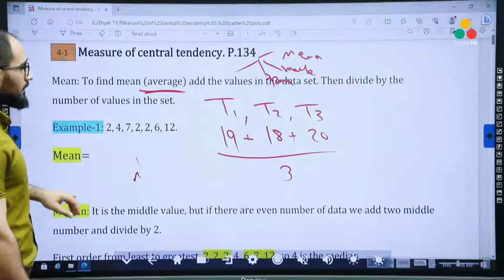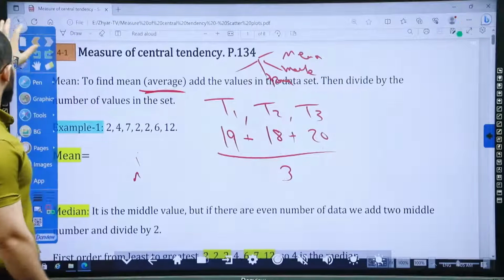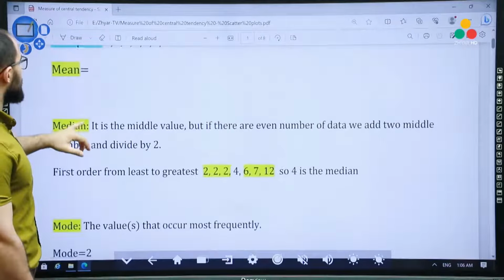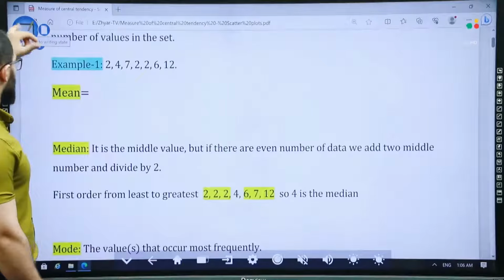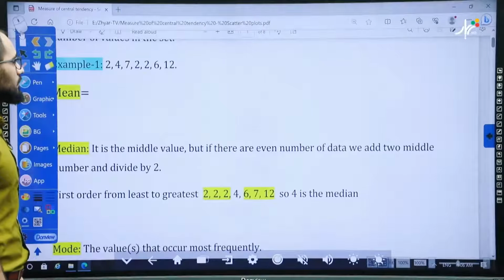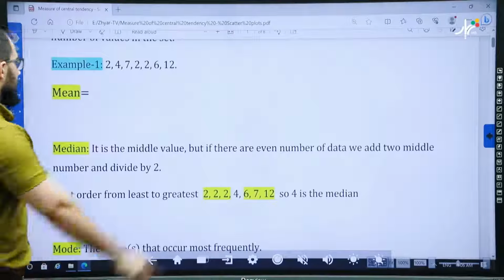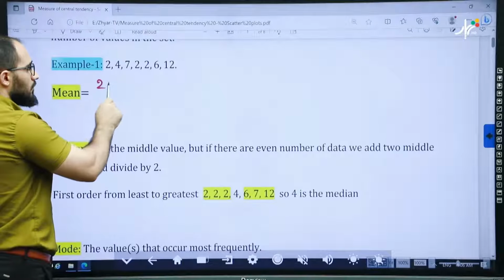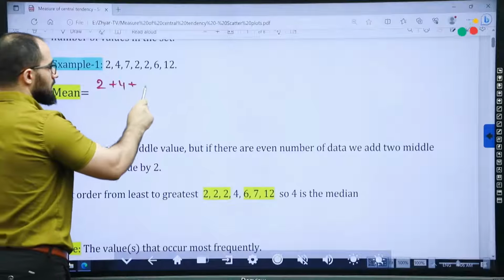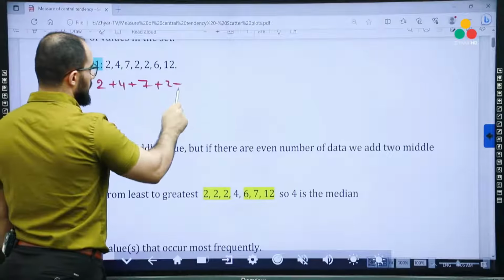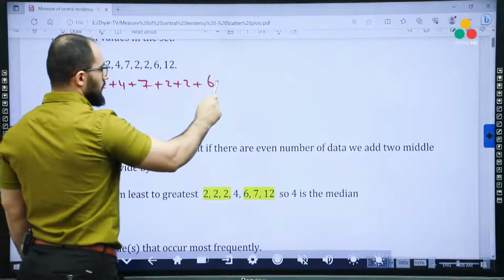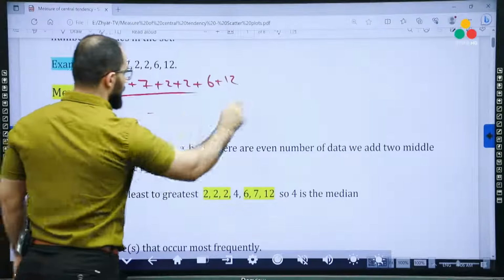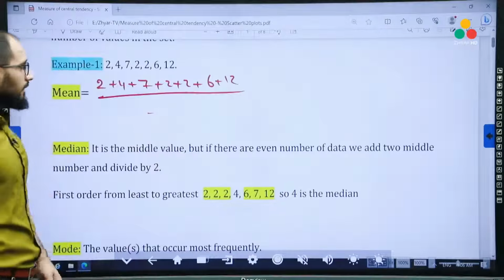Then we have an example here. It says find the mean. We have 2, 4, 7, 2, 2, 6, 12. To find the mean or average, it's going to be 2 plus 4 plus 7 plus 2 plus 2 plus 6 plus 12. This is the addition. Then divided by what?